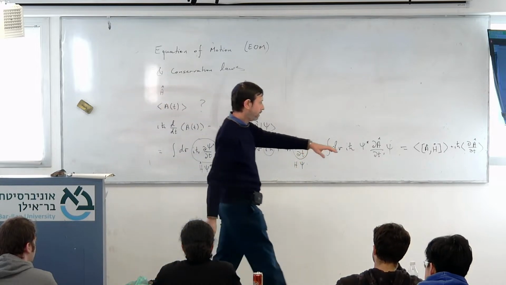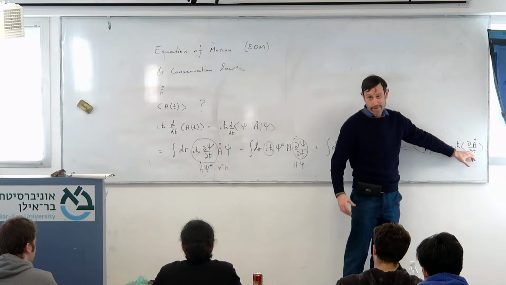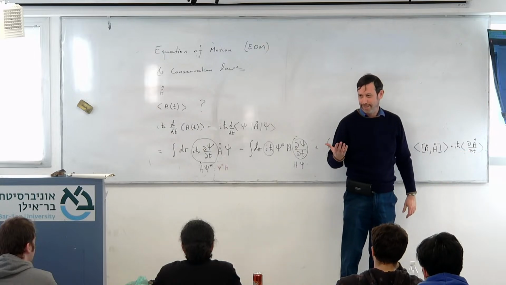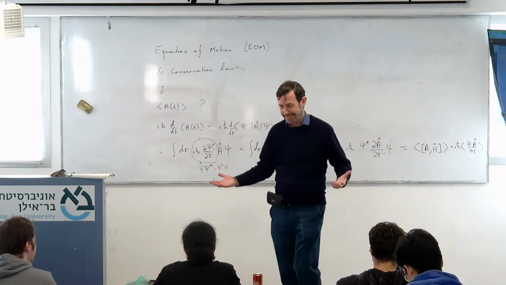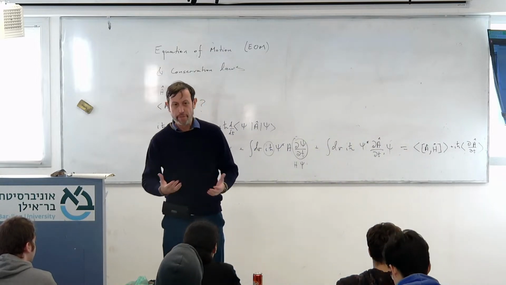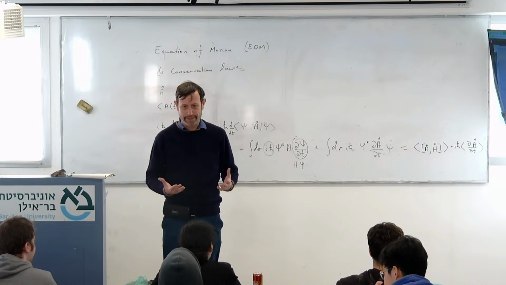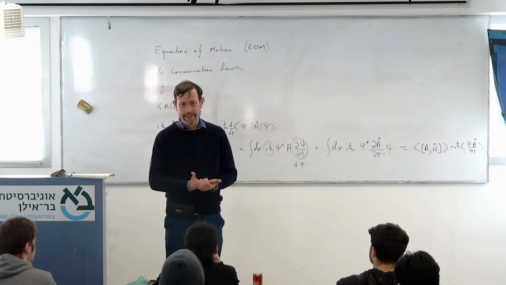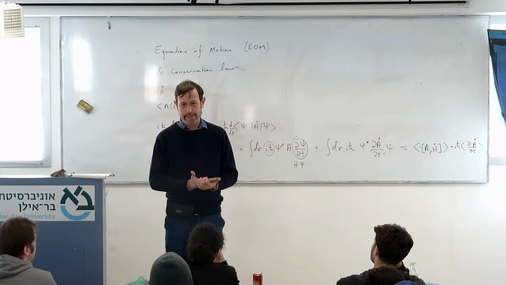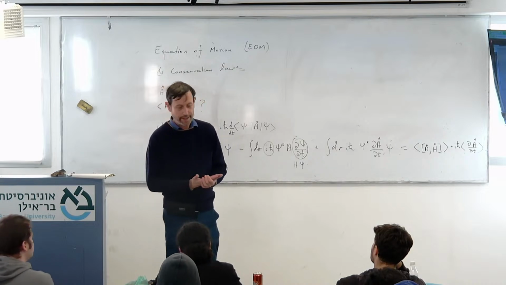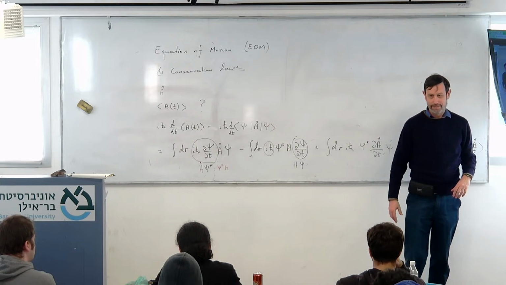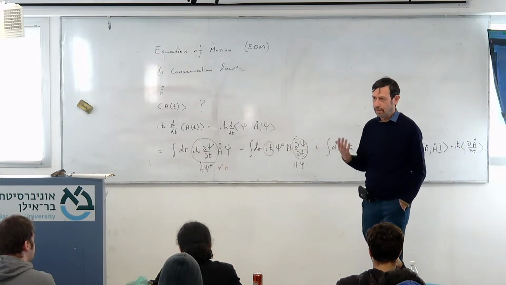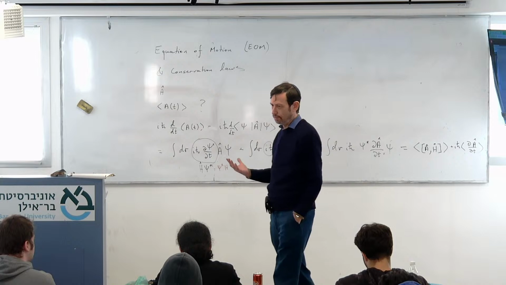Well, first of all, it has to be time independent, but that's a trivial statement. If it changes with time, what do you expect? But even if it doesn't change with time, in order for its average not to change with time, the commutation relation should be zero.